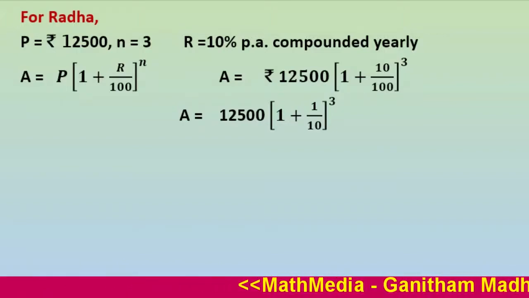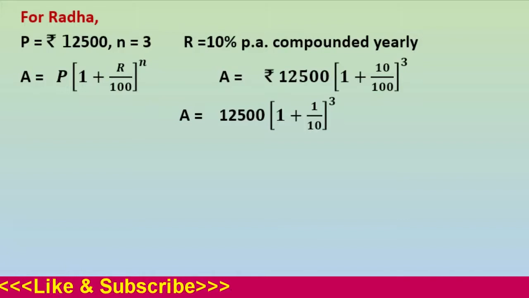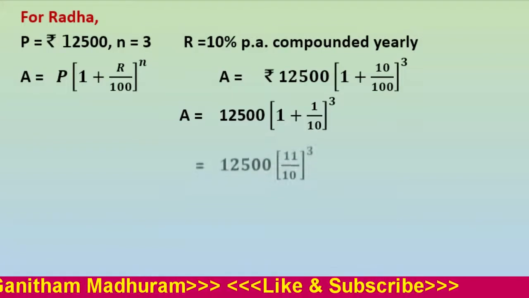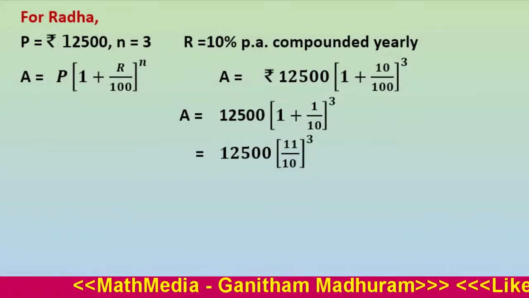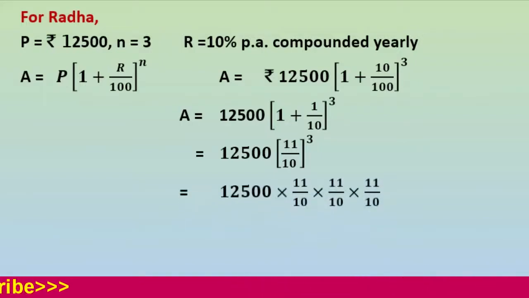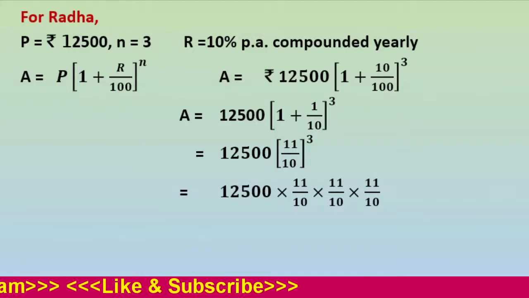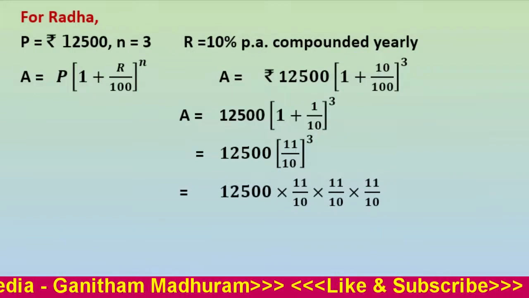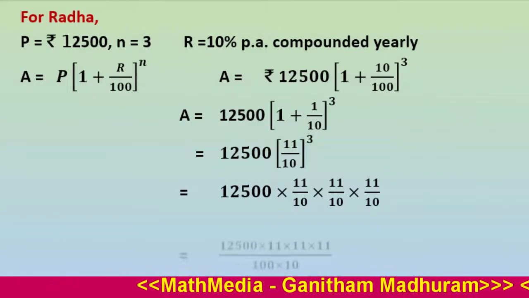If we calculate the bracket, we get 11 upon 10 whole cube. So this will become 12,500 into 11 upon 10 into 11 upon 10 into 11 upon 10.